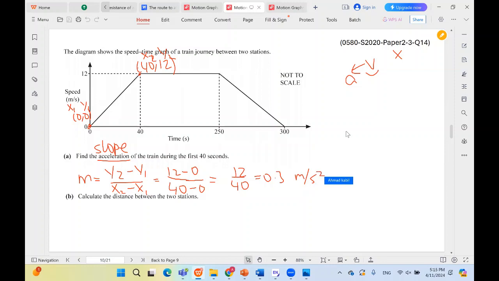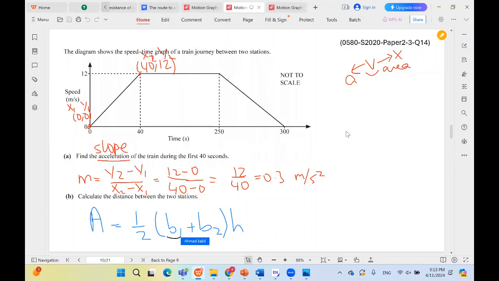Next, we want to get the distance, and as we know from before, the distance here would be the area. So in order to get the area of this trapezium, I'm going to do it a bit quicker now. I'm just going to write the formula and plug in the values. A equals half (B1 plus B2) multiplied by height.